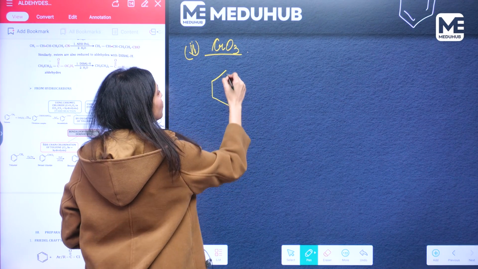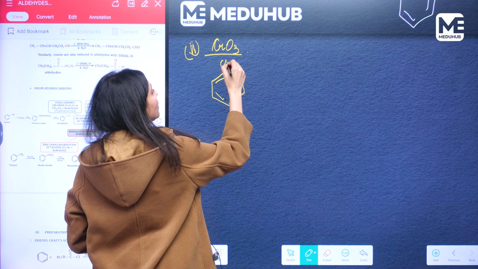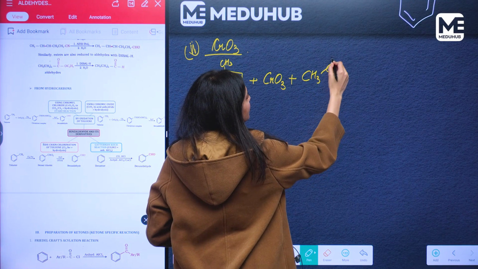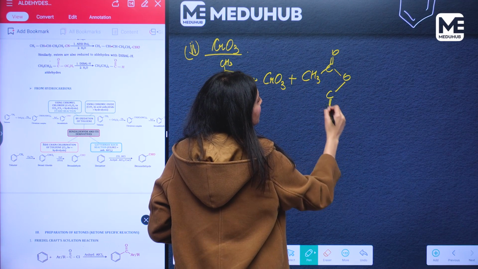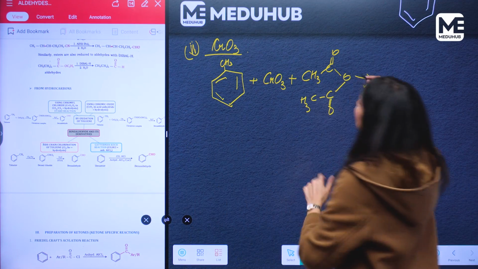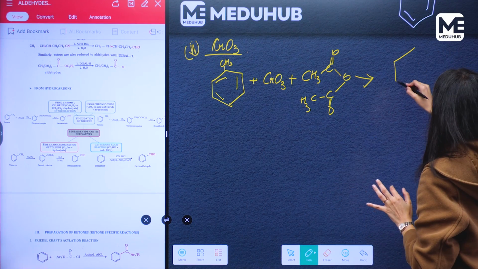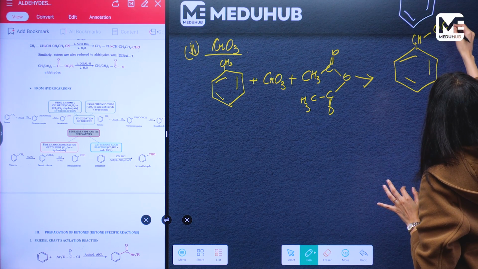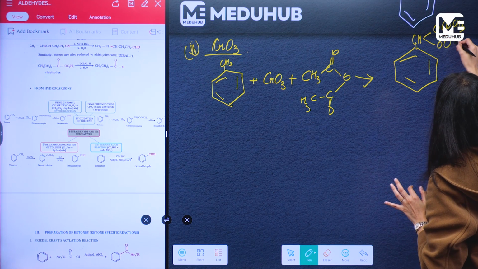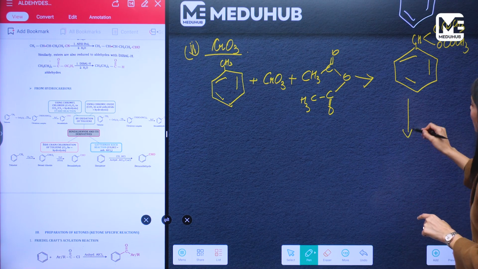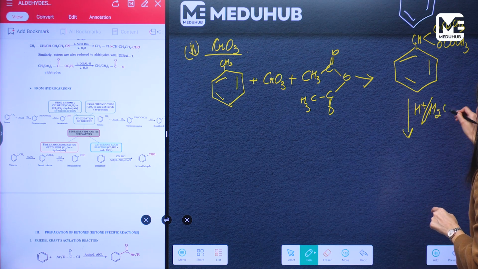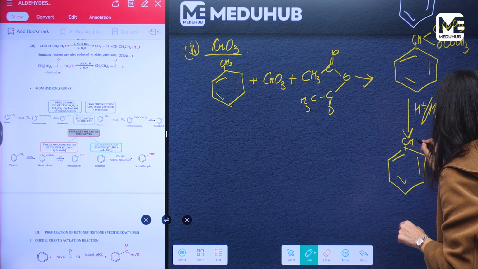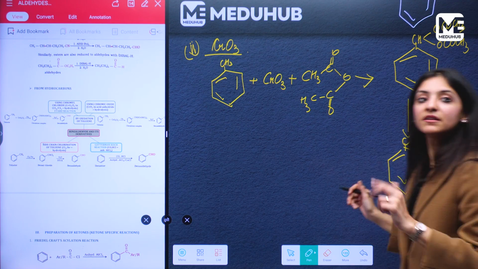So if we use chromic oxide on toluene, CrO3 with acetic anhydride, we will again get a complex intermediate like this: CH(OCOCH3)2, which when treated with acid and water gives us benzaldehyde as the product. So these are the two methods.